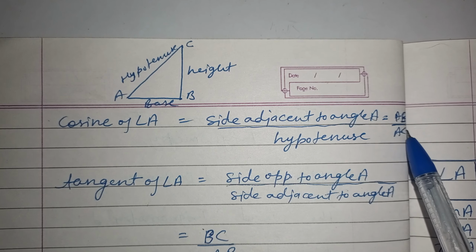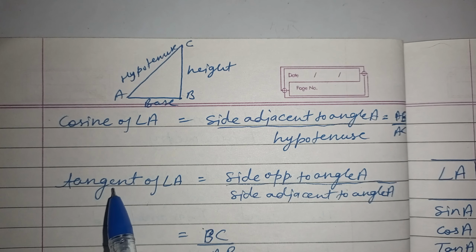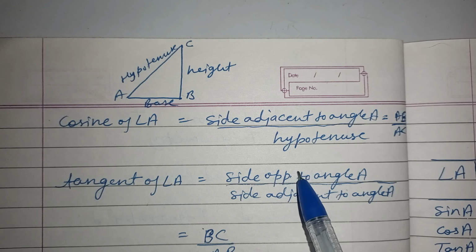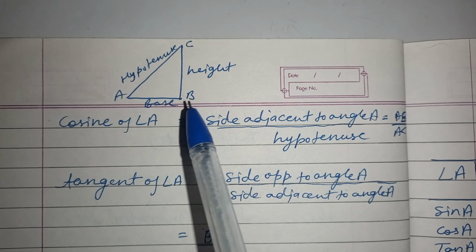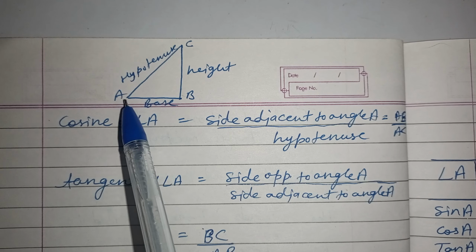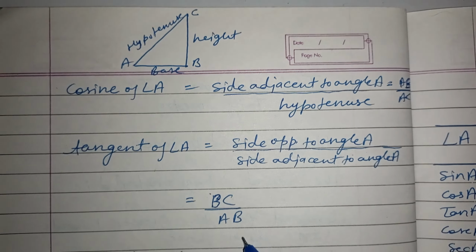So cos A is AB upon AC. If we talk about tangent of A, which we also say tan A, it is equal to the side opposite to angle A upon the side adjacent to angle A, which is BC upon AB.